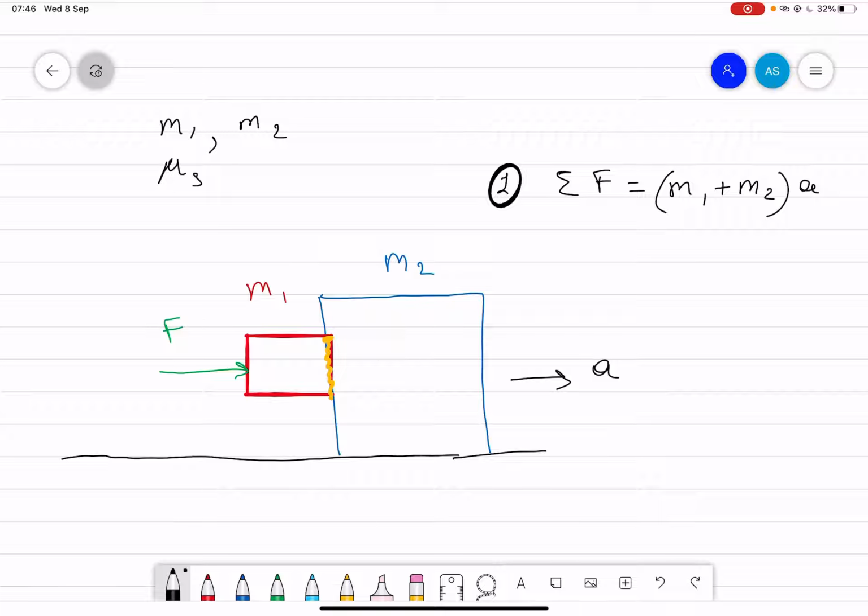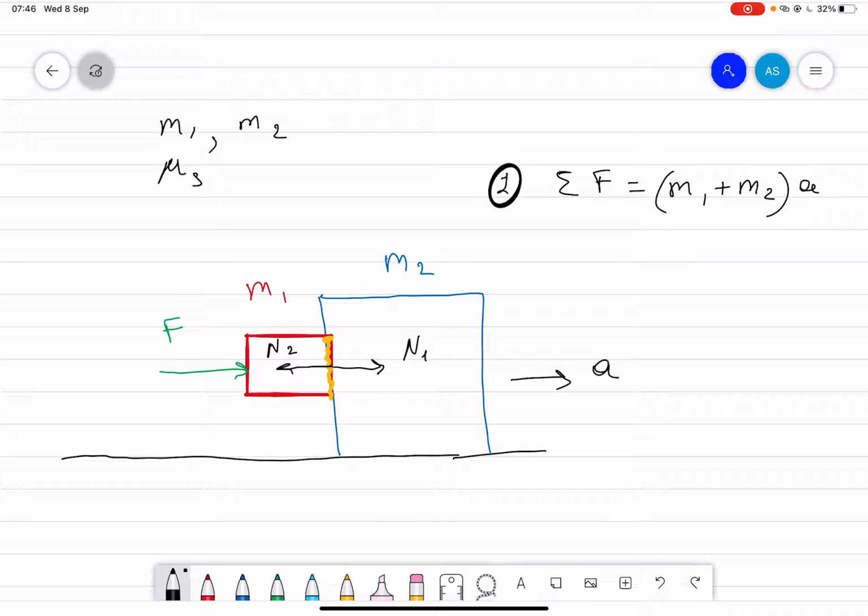Now the second equation will come from drawing the free body diagram, where we have the normal force between these two boxes, m1 and m2. So F will push m1. This is the normal force 1 on 2. Then we have the second normal force, which is the reaction force coming from m2, action-reaction.